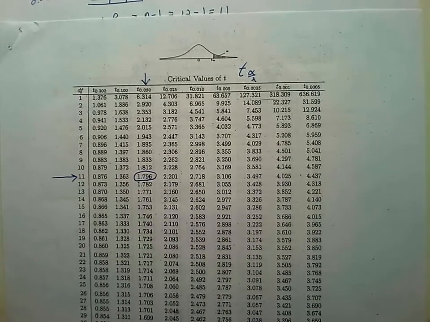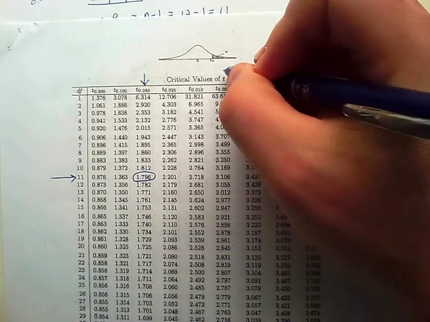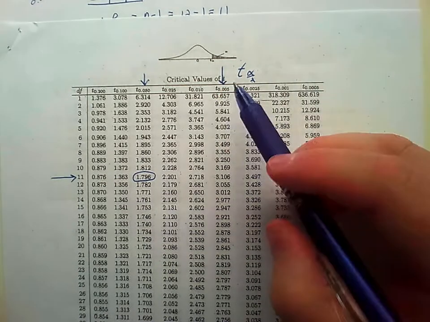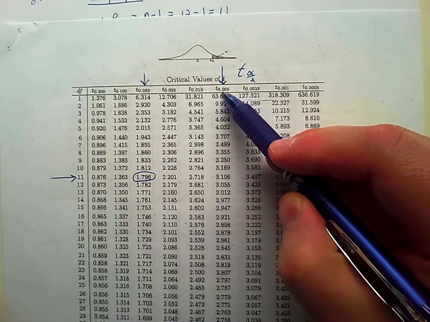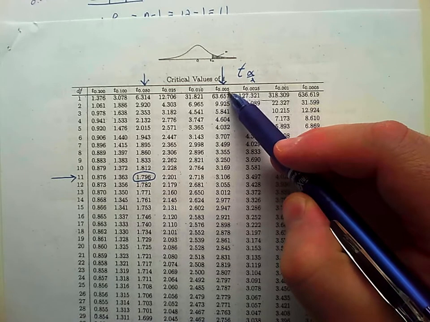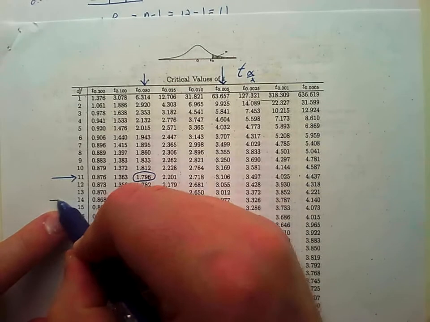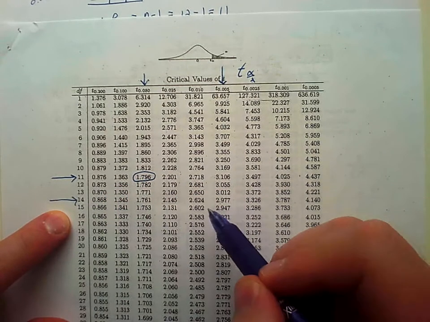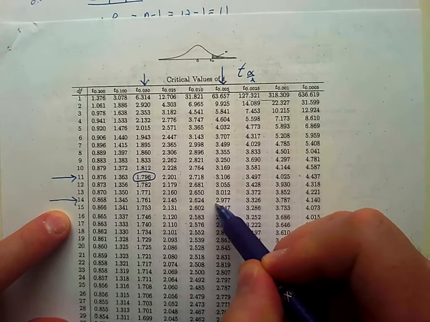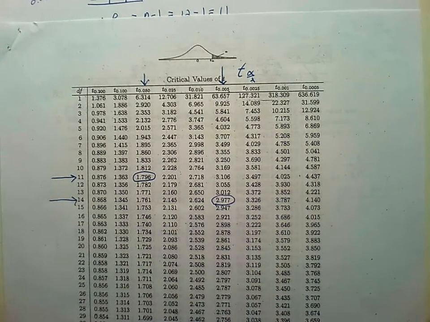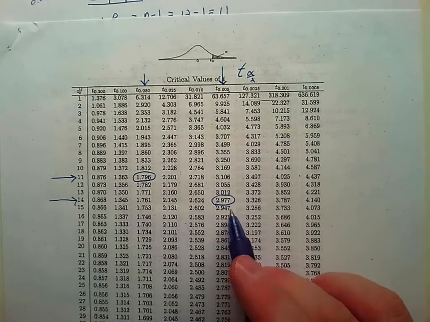We can now go to our T table. Come over here to the column that has the correct alpha divided by 2 subscript, which is 0.005. We can then follow it down to where we have 14 degrees of freedom, and we get the T value of 2.977.